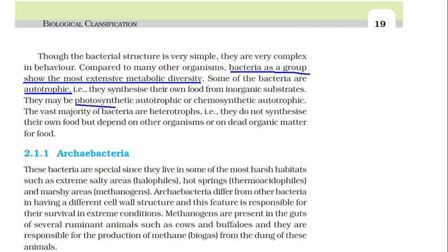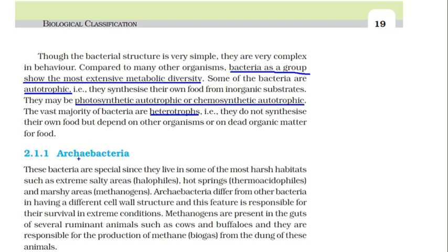And there may be bacteria which are photosynthetic autotrophic or chemosynthetic autotrophic. So within autotrophs we have different categories. Some of them can synthesize food on their own using light, others use chemicals to synthesize food. Apart from autotrophic, we also have heterotrophic bacteria. Heterotrophic bacteria means those which cannot synthesize food on their own. So the mode of nutrition is very different.